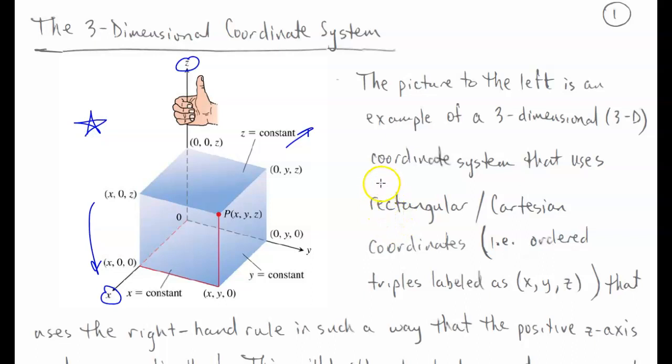And so the other thing here that we want to mention is that, of course, our points in a 3D coordinate system are ordered triples, okay? And of course, they're called ordered triples because order actually matters here. So the x coordinate has to come before the y coordinate, and the y coordinate has to come before the z coordinate, okay?